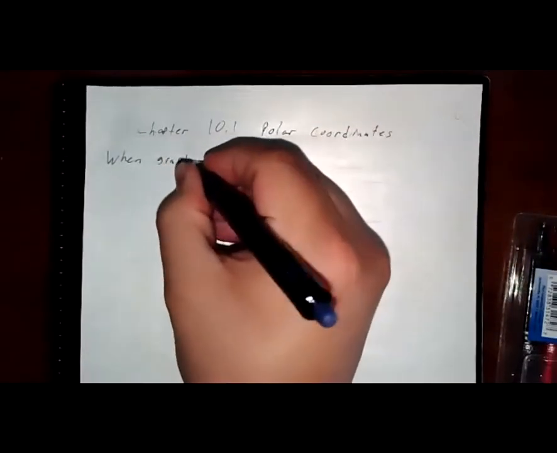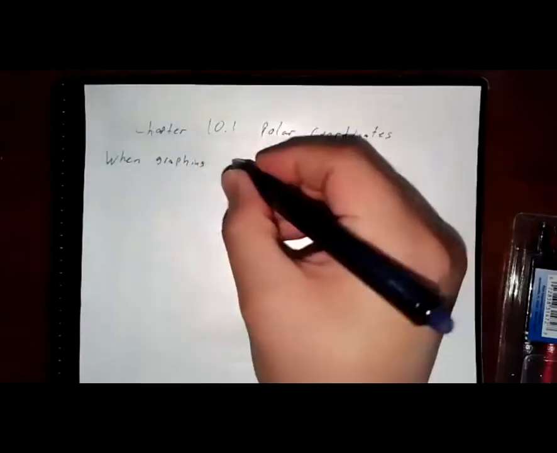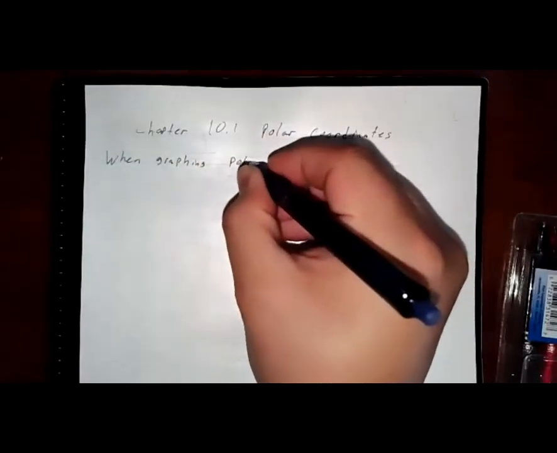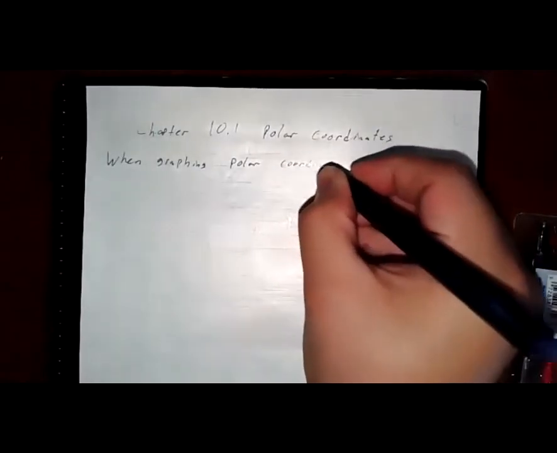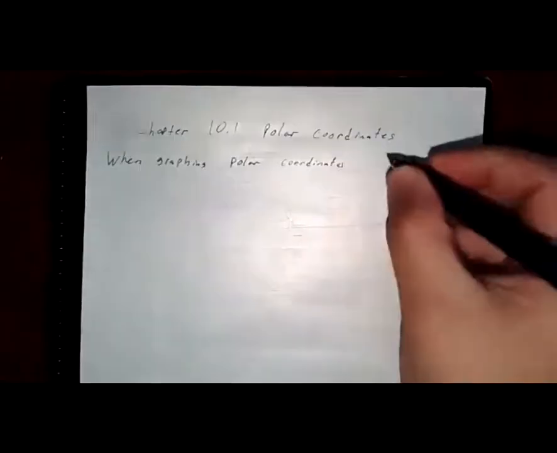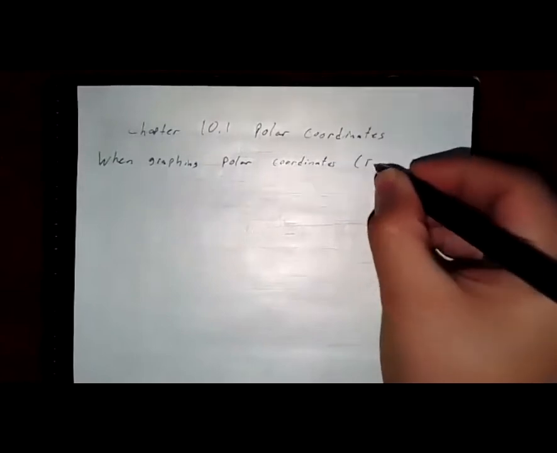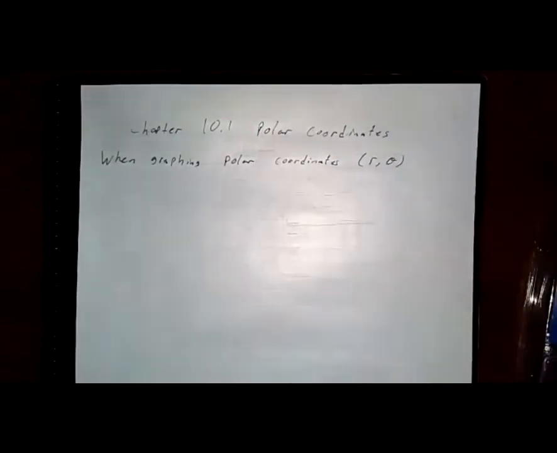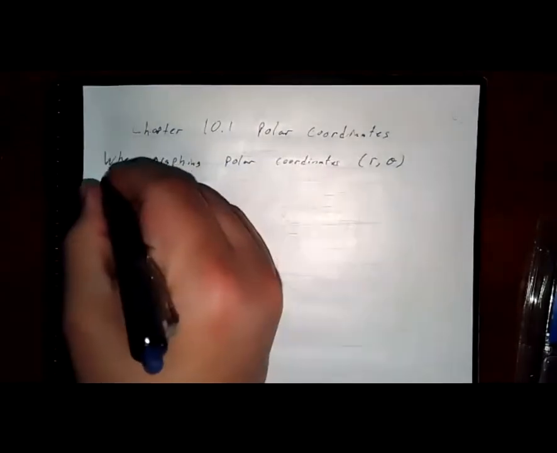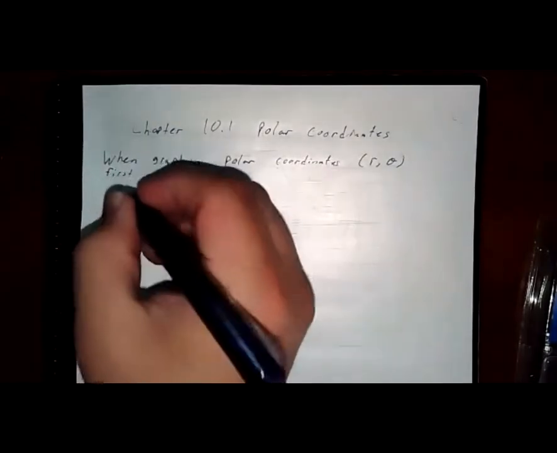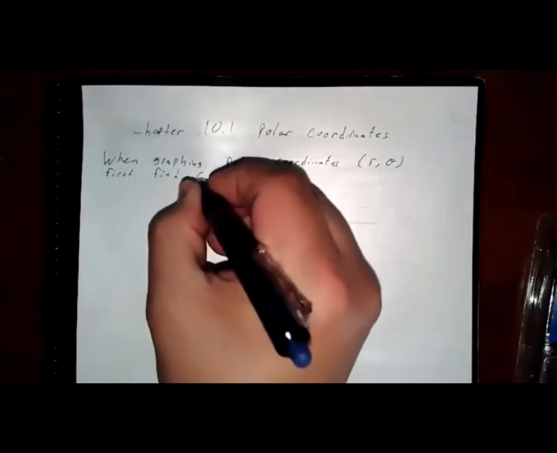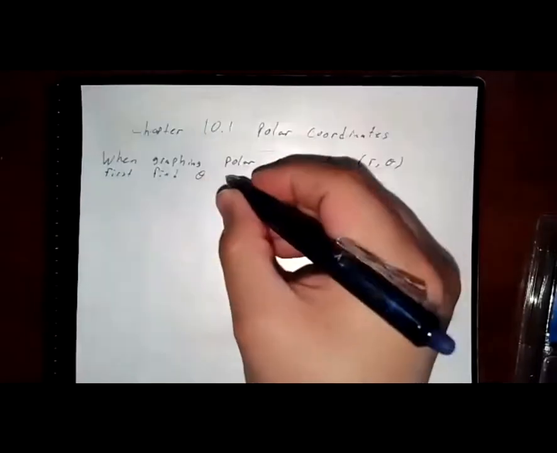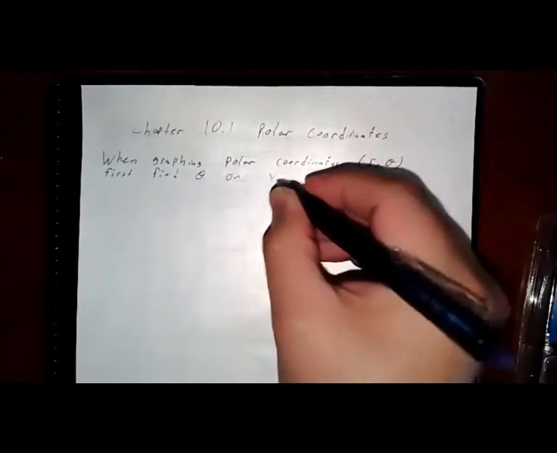When graphing polar coordinates, we're going to use r comma theta. That's the difference instead of x comma y. First, what I recommend is find theta on your unit circle.